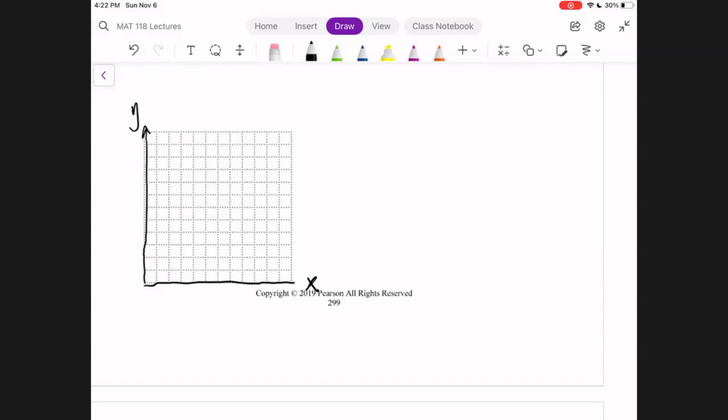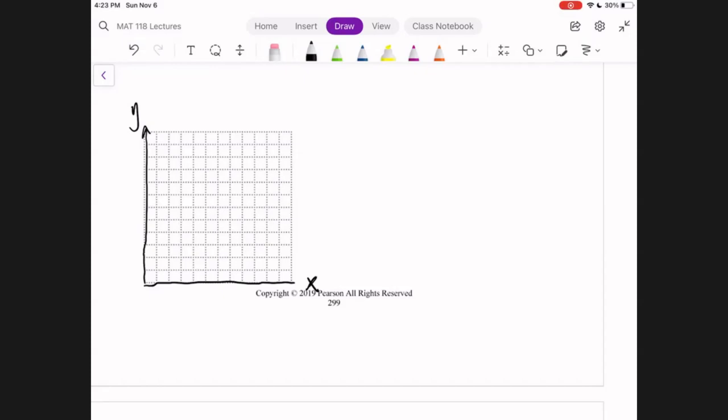And now for that first line, if I want to graph everything here, let's say 1, 2, 3, 4, 5, 6, 7, 8, 9, 10, 11, 12. Let me think, easiest way.